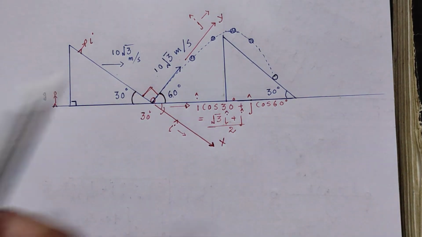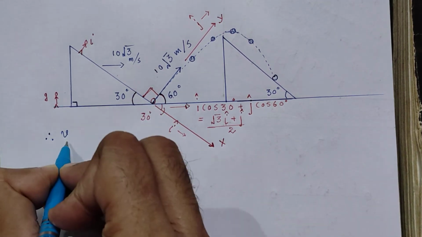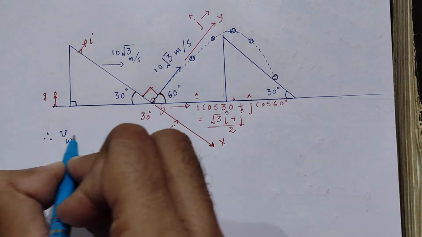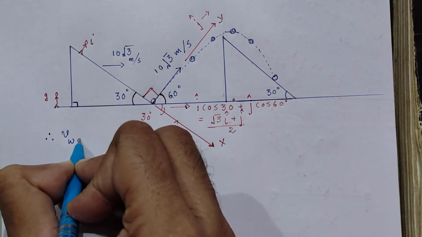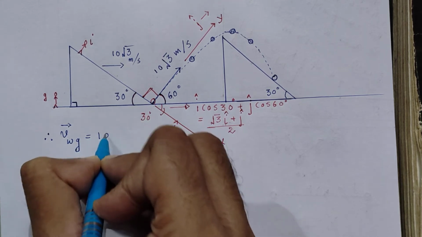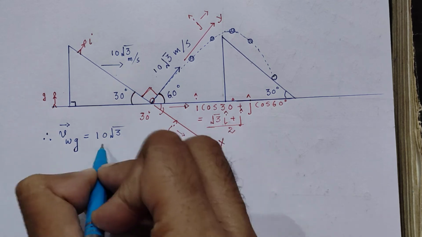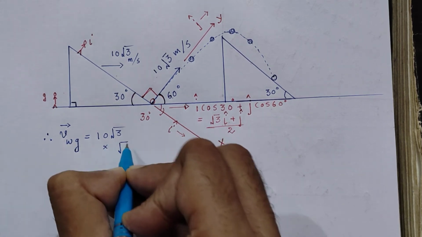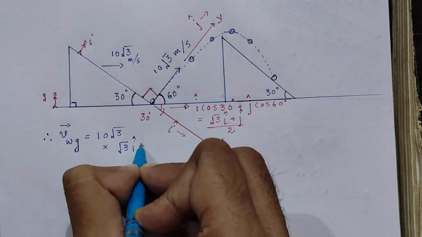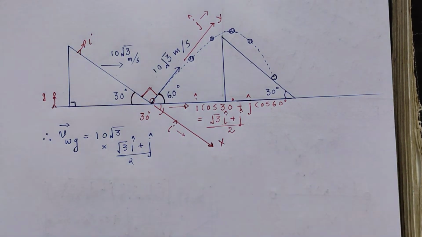So what can I say? Therefore, what can I say? Velocity of a wedge with respect to ground is 10 root 3. That's the magnitude. And direction vector is this into root 3 I cap plus j cap by 2.